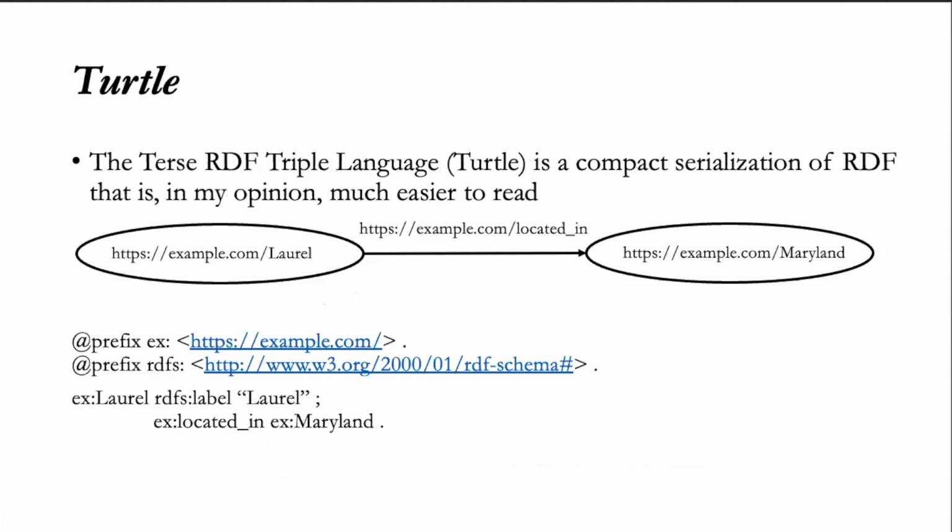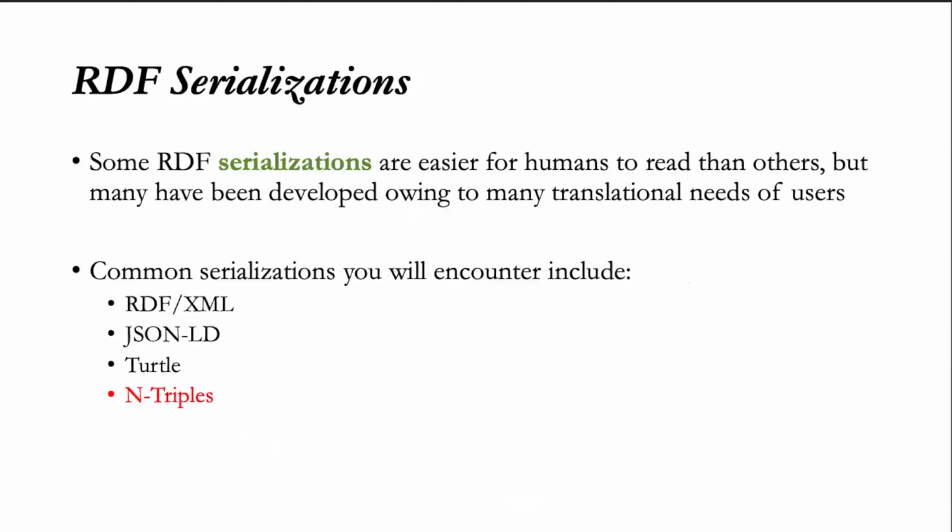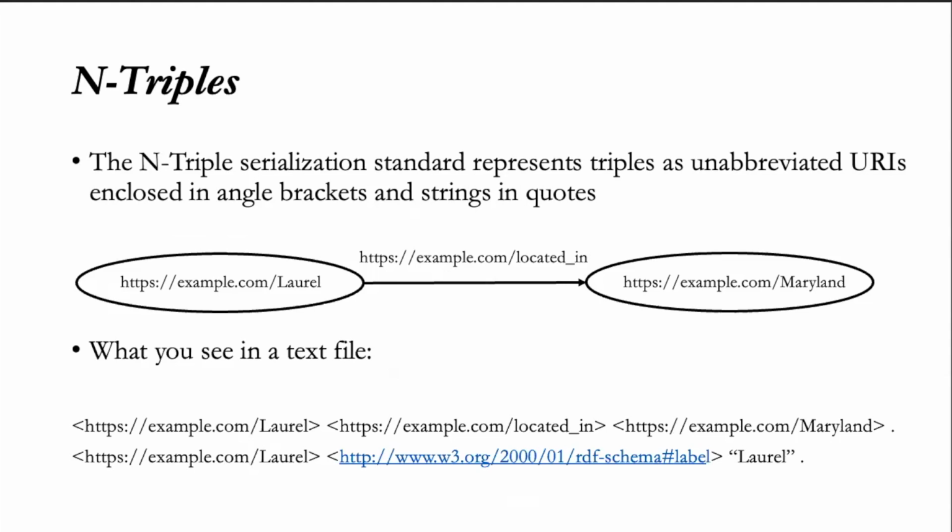So is all the content that's hanging off of it, just like in Turtle. Off of Laurel hangs the label, and then off of that hangs located in Maryland. And so if you're processing this and translating it into Turtle, you would just unify those. That's one step.